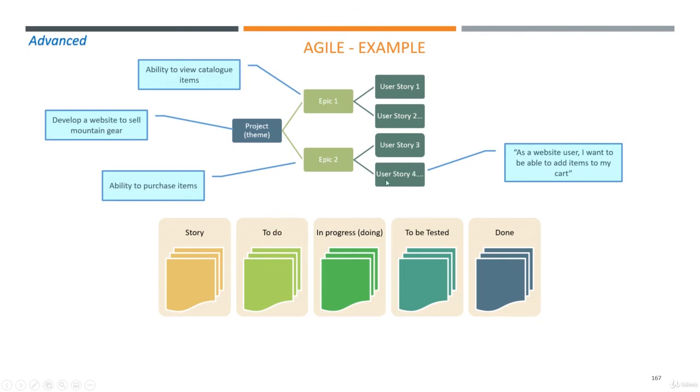And this is a user story, what they call a story. What we've seen in the previous slide is it's often worded this way: as a user, I want to be able to search. So as a website user, I want to be able to add items to my cart. So this is a story that will go here. And this story here will be, "Mr. Builder, please create a piece of code that will allow items to be added to the cart."